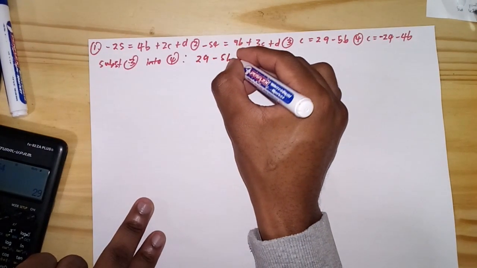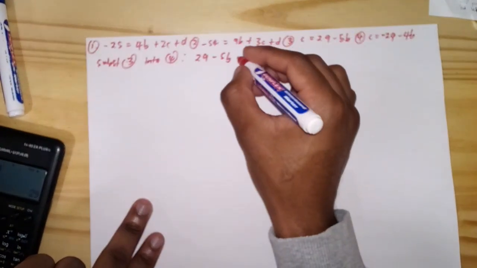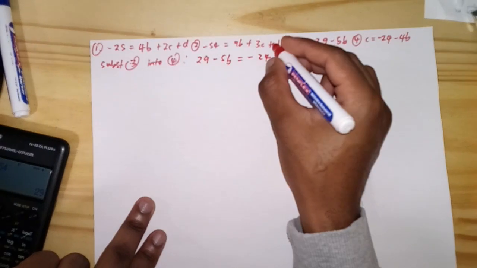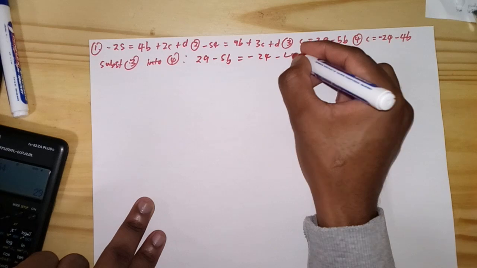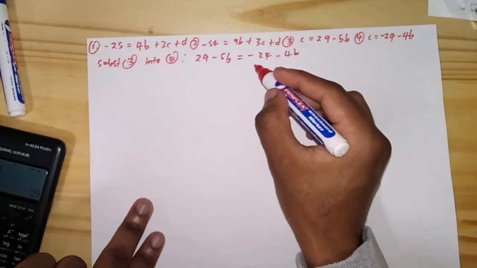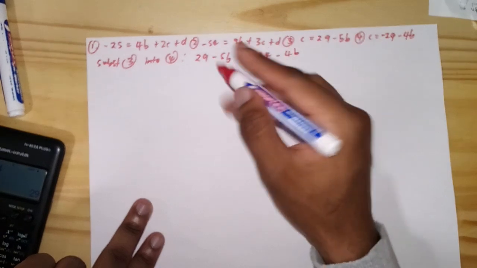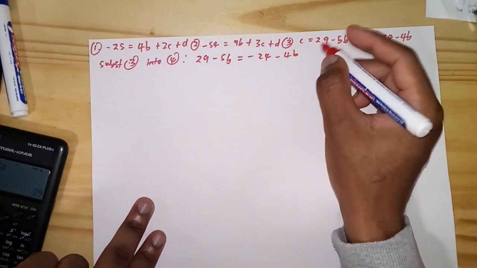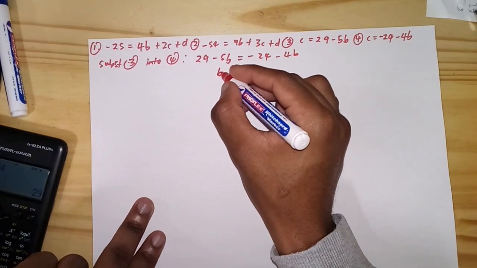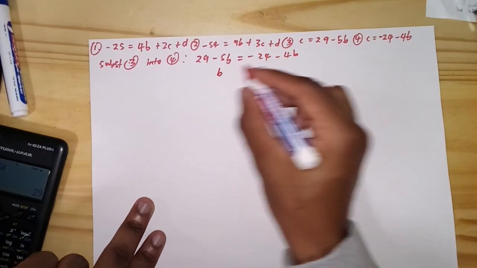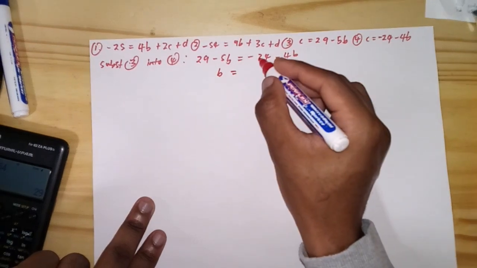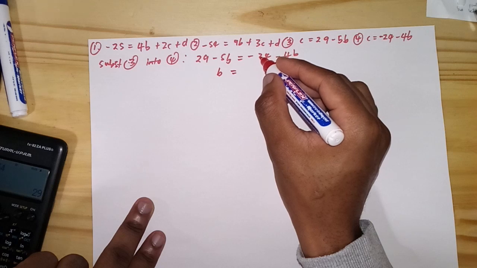29 minus 5b. Gosh. It's equals to minus 24 minus 4b, as you can see here. Very simple stuff. Work in a way that the other side is positive, so that you don't really have to do a lot of work. So this one goes on that side. What does that give you? It's fine. Goes on that side, gives you b, and this one goes on that side.